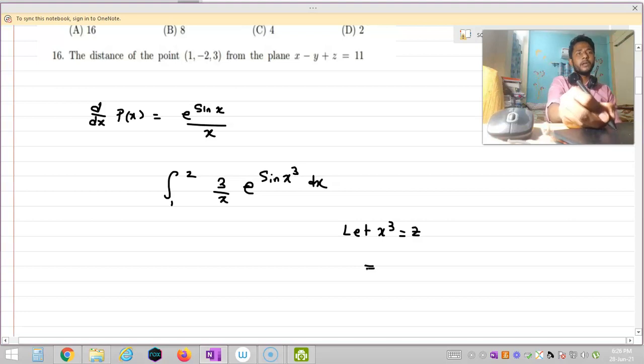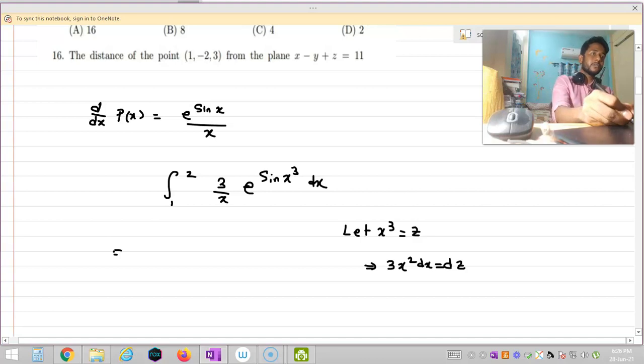Then by differentiating both sides, I can write 3x squared dx is equal to dz. So I am writing 3x squared by x cube, from 1 to 2, e to the power sin x cube dx.